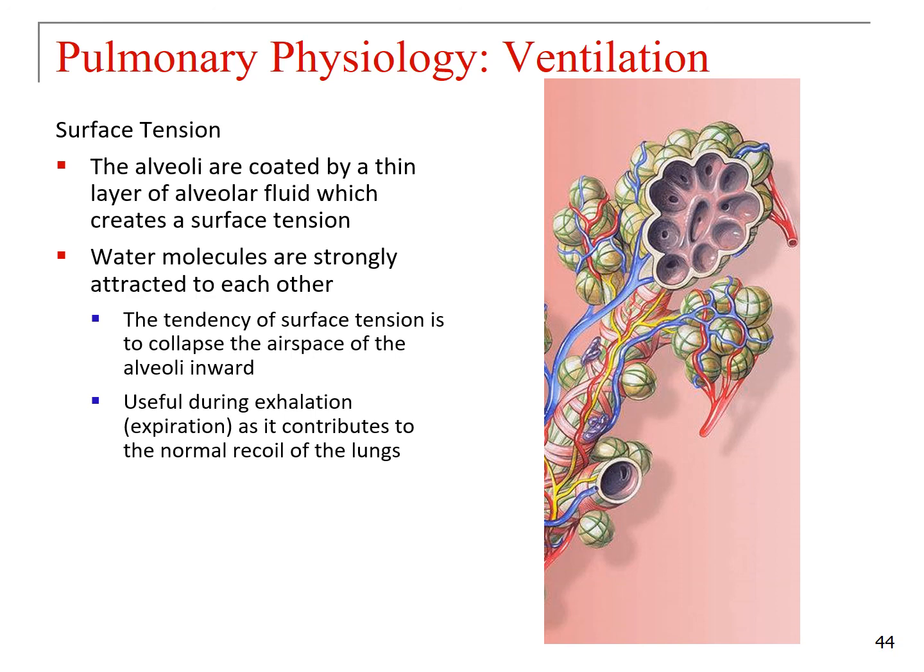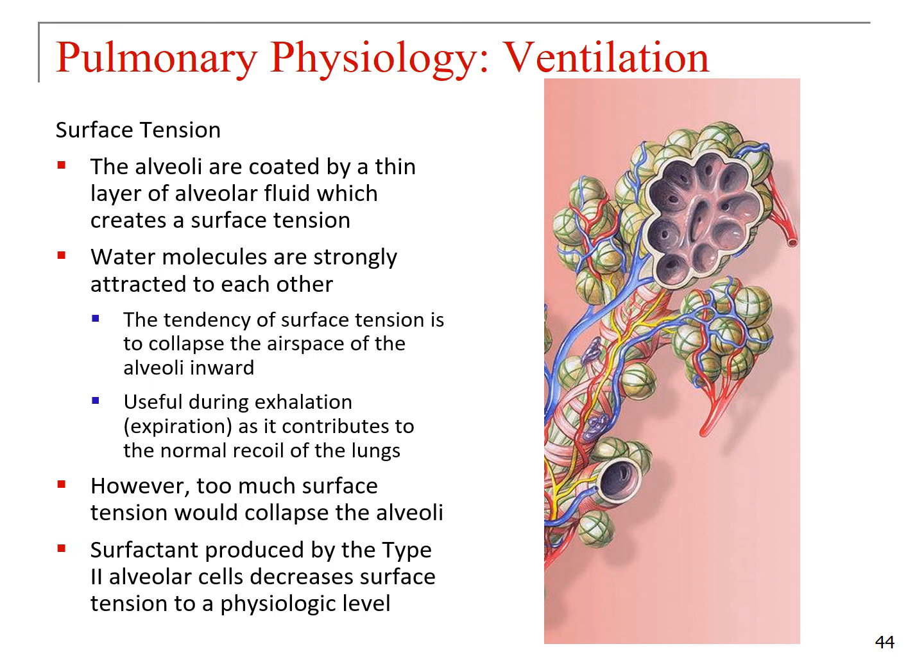But if you don't have enough surfactant and the surface tension is too high, too much surface tension can collapse the alveoli. So the surfactant that's produced by type 2 pneumocytes or alveolar cells decreases your surface tension to a physiologic level. So actually, surface tension in this case is a homeostatic variable.